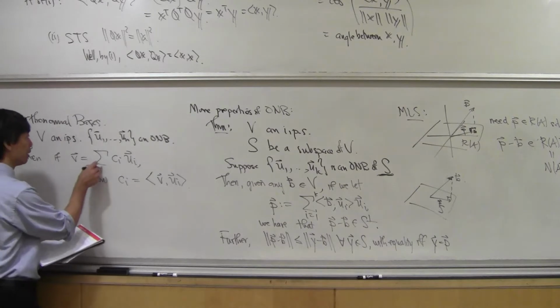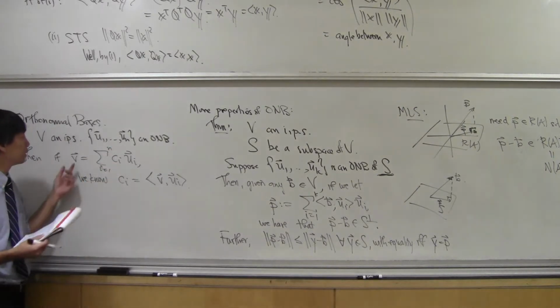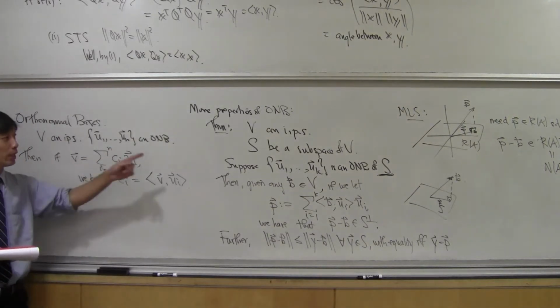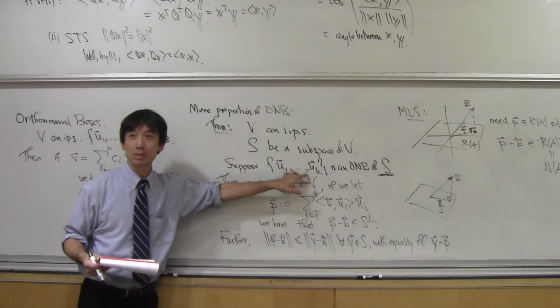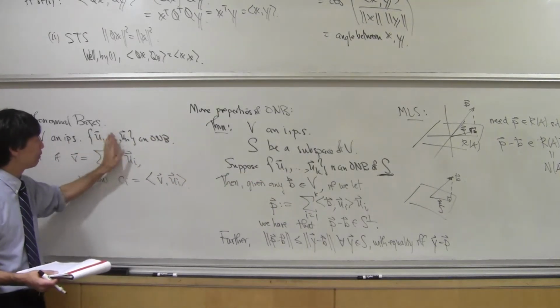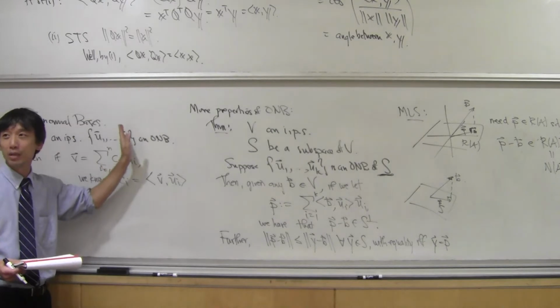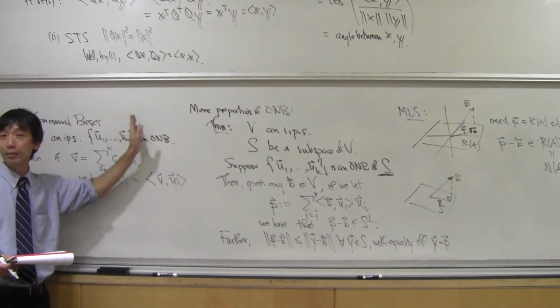Over here, we can actually get back our vector, but over here, we only have part of an orthonormal basis. We use that part only. We chop it off and ignore the rest, from K plus 1 onwards.